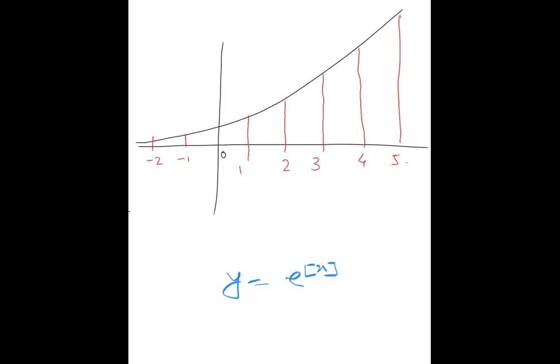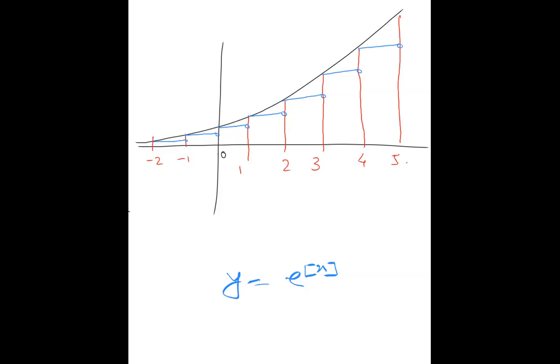Between 0 to 1, this will be e to the power 0, e to the power 1, e to the power 2, e to the power 3, e to the power 4, e to the power minus 1, minus 2. Simple graph of e to the power greatest integer, the simplest graph I can see, right?